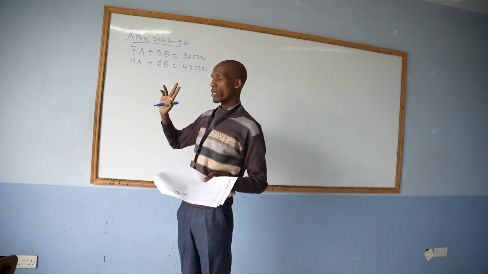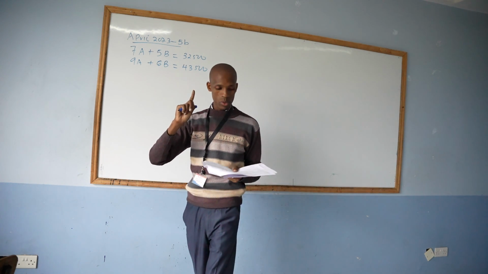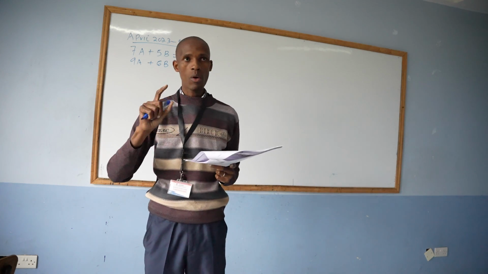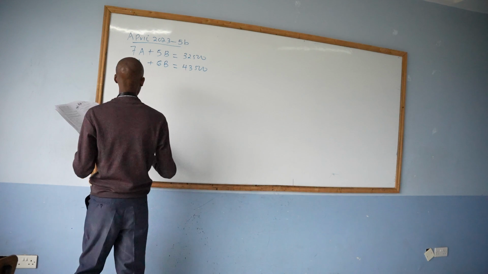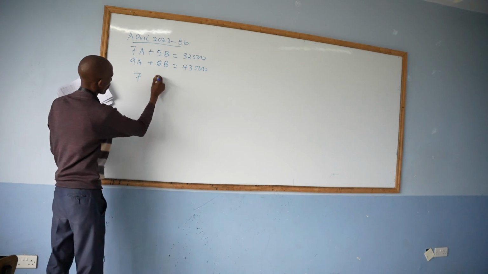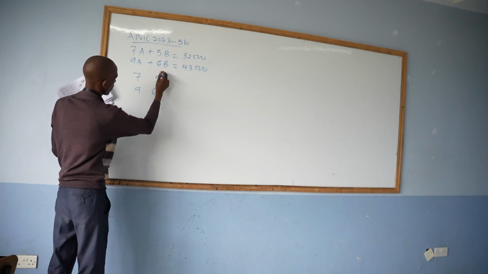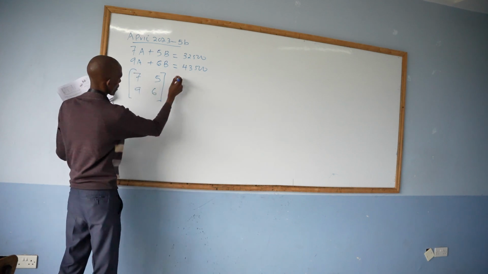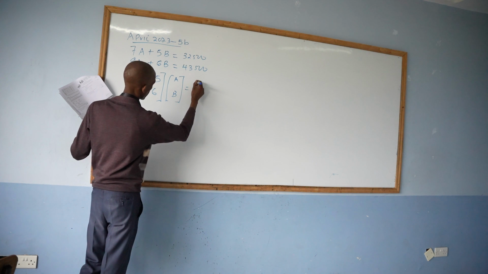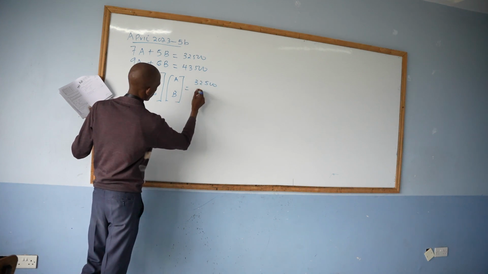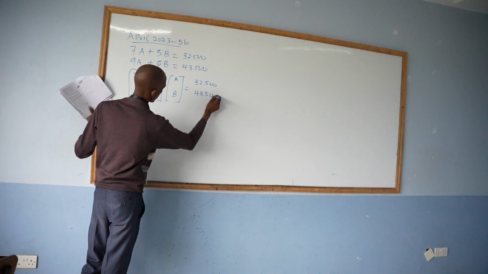We can use two ways: Cramer's rule or the inverse method. The best method is Cramer's rule, where we write 7, 5, 9, 6 in simultaneous form, then A, B, with 2,500 and 43,500.